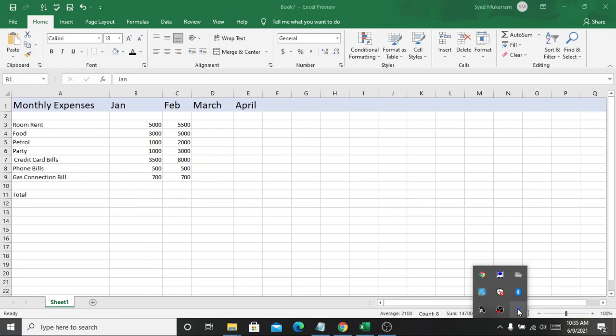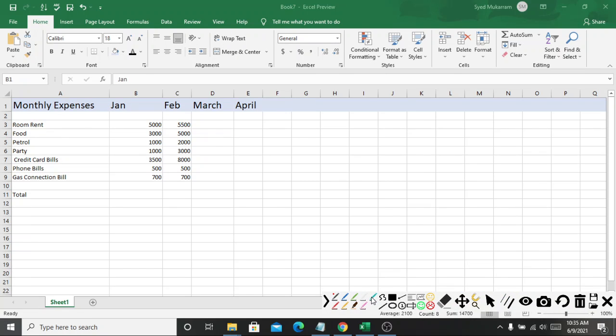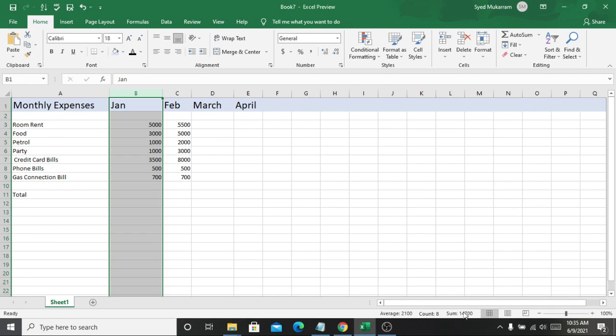If I click over here, here guys, near the sum, 14,700. And in Feb you could see the sum is 24,700. It's nearly twice the amount of the budget we had for Jan.